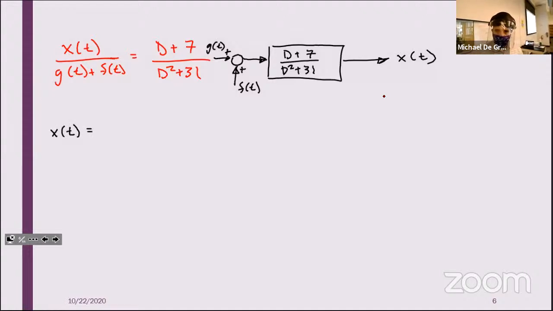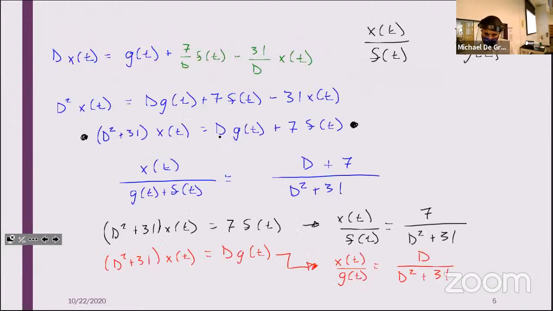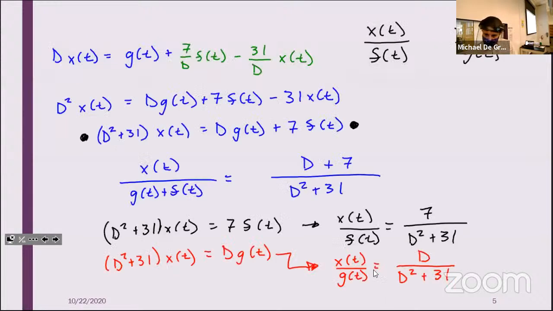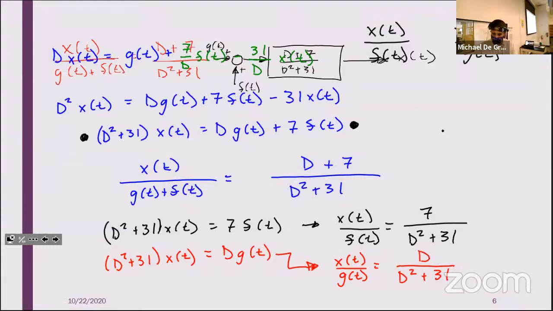Well, you could break this down if you wanted to use these other two transfer functions. I want to use these two, right? I want to express each one individually.